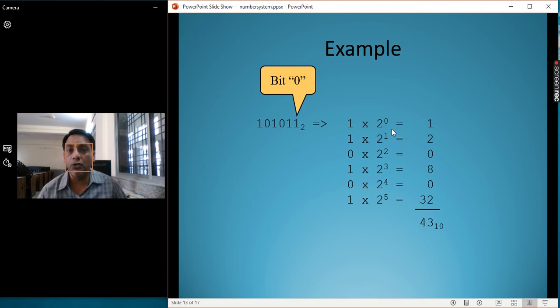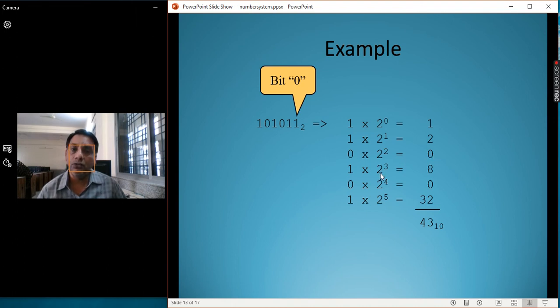So 2 to the power 0, what does it mean? As per the rule of mathematics, any number which has a power 0, the result is 1. So here 1 into 1 equals 1. Then 1 into 2 to the power 1 is 2. If you multiply any number with 0, it means 0.